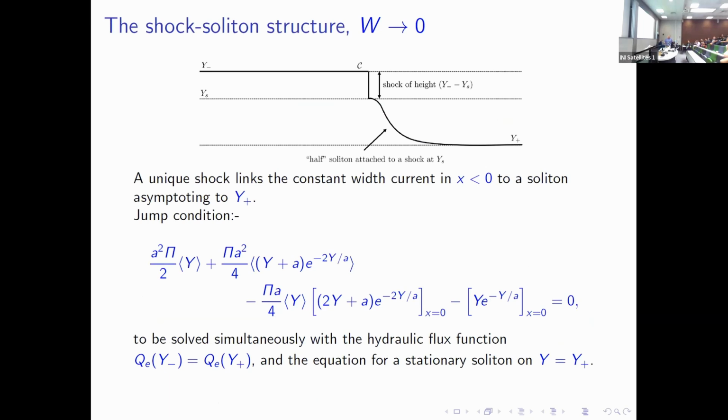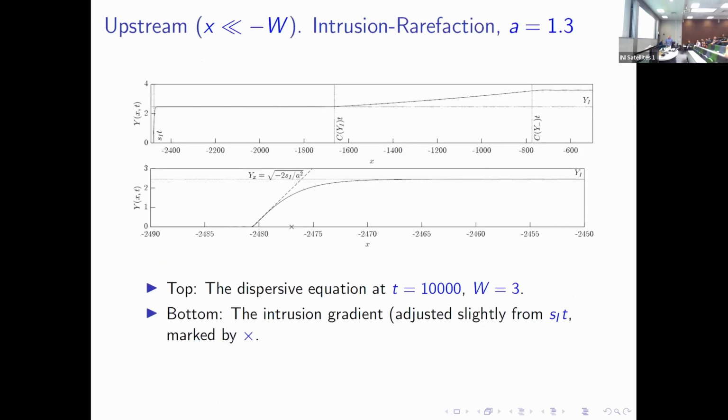Can we have a look at what happens at the other end of those currents? That depends very strongly on the values of vorticity. So here's one where A is 1.3. This is quite a small amount of vorticity in the flow. And what we get is an intrusion. This is a unique intrusion given the value of A. That determines the height of the intrusion.